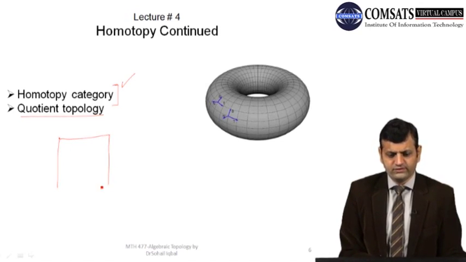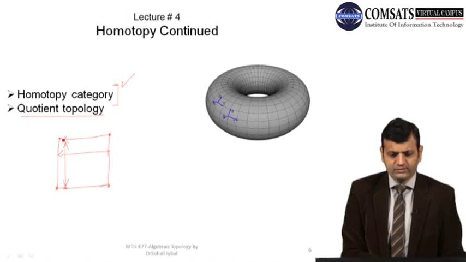For example, if I have a square, then I can define an equivalence relation which will identify the opposite points of these sides and the opposite points of these sides. So this whole side is identified with this side, and this whole side is identified with this side.